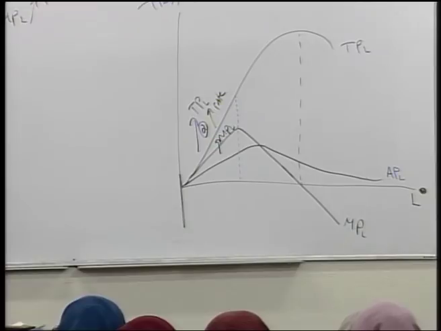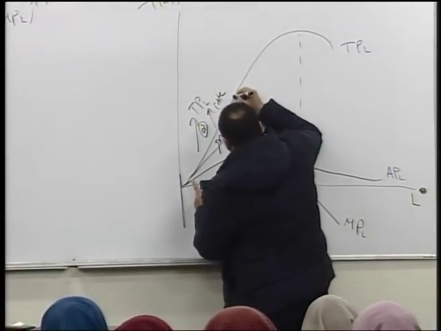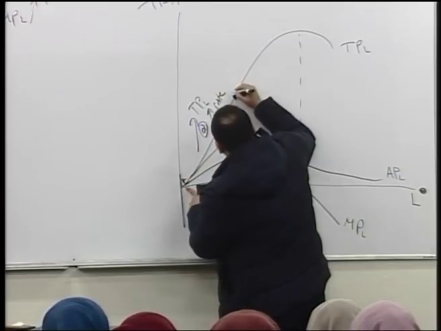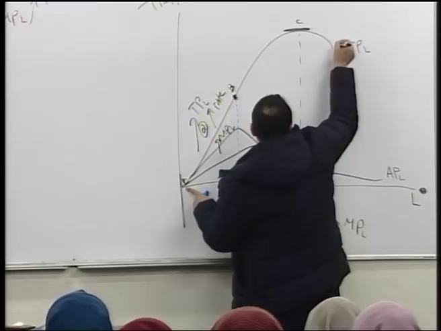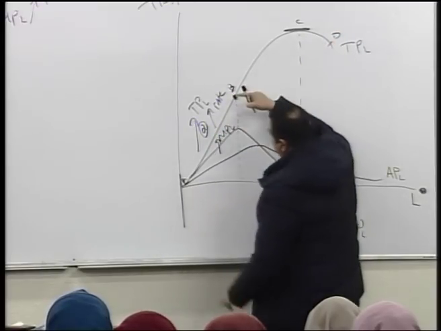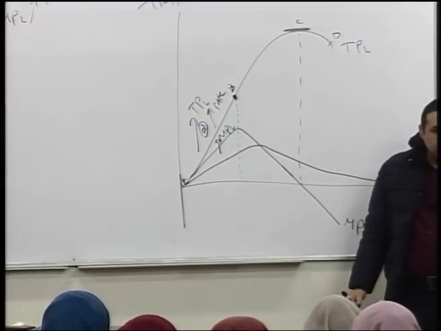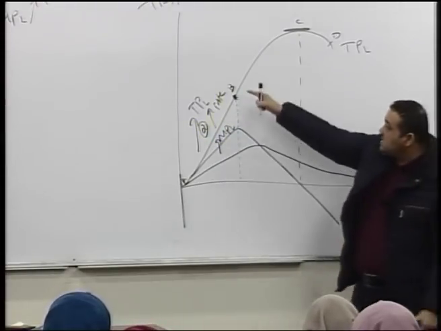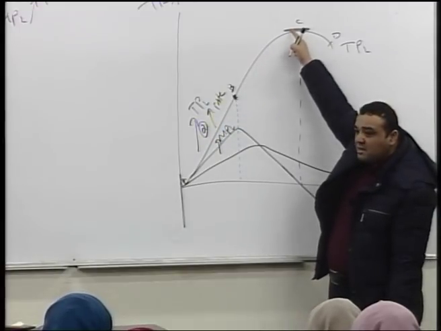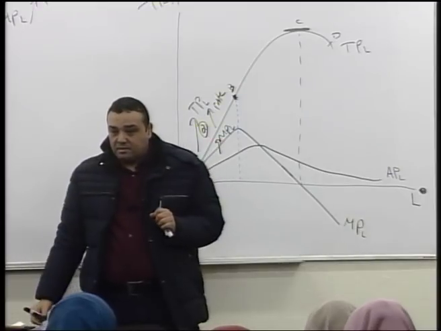In the second stage, here from A to B, to C, and then to D. From B to C, the total production of labor is increasing, but at a decreasing rate.